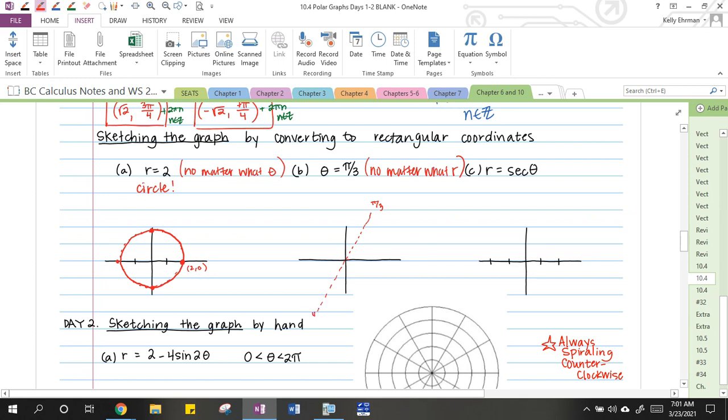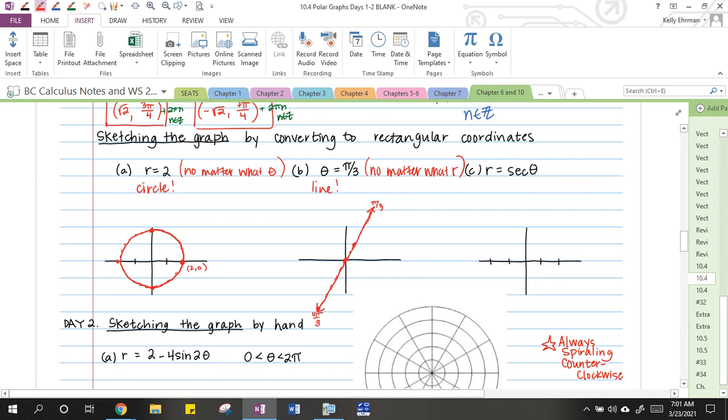What is that? 4 pi over 3, right? No matter what the radius could be, 1, plot that point. The radius could be 0. The radius could be 15, negative 15, whatever. You're going to get this series of points along this line. And they would go on forever. So if you're given just an angle, that's a line.